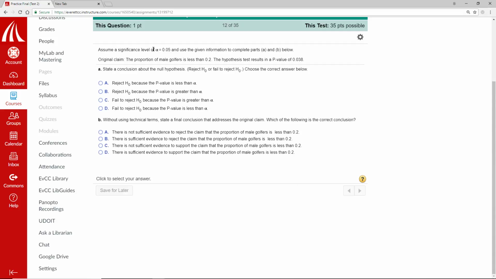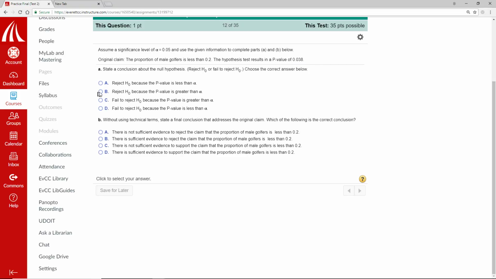Assume a significance level of alpha 0.05 and use the given information. Original claim is that the proportion of male golfers is less than 0.2. So the hypothesis test results in a p-value of 0.03. State a conclusion about the null hypothesis. Well, because the alpha is 0.05, but our p-value is less than that, this is great.